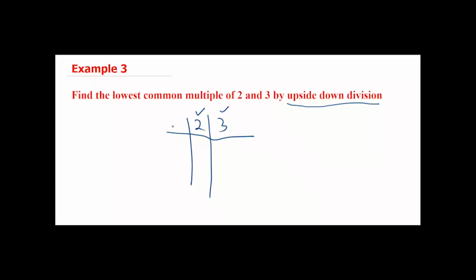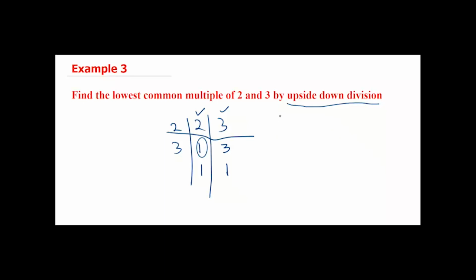So 2 goes in 2, that is 1, and it cannot go in 3, so I will repeat 3. I'm done with this one. The next step is to find a number that can go in 3, which is 3. I'll just repeat 1 here. 3 goes in 3, that will be 1.